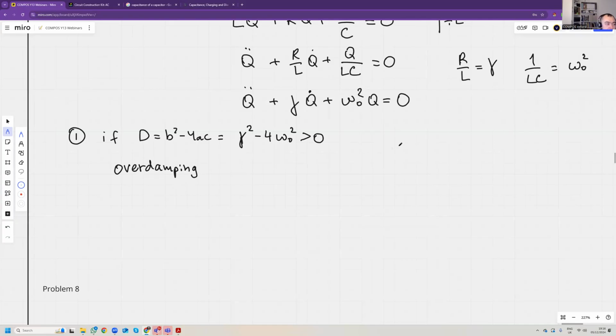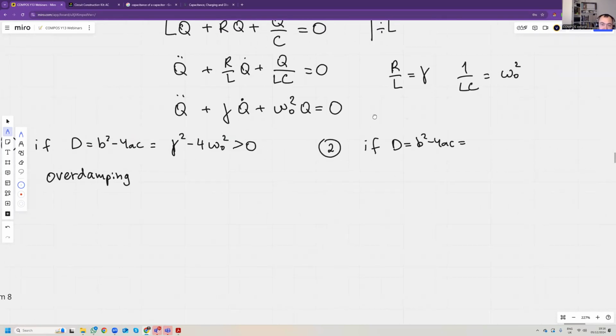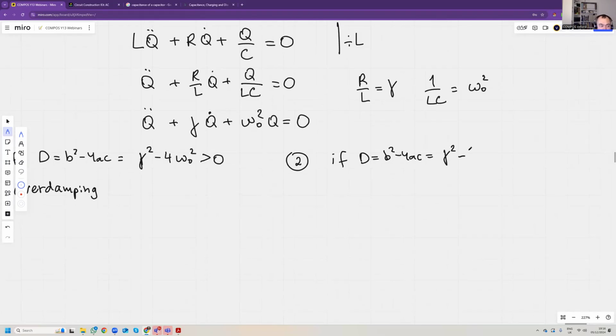Second, if the discriminant b squared minus 4ac, which is gamma squared minus 4 omega 0 squared, is equal to 0, then you have critical damping.